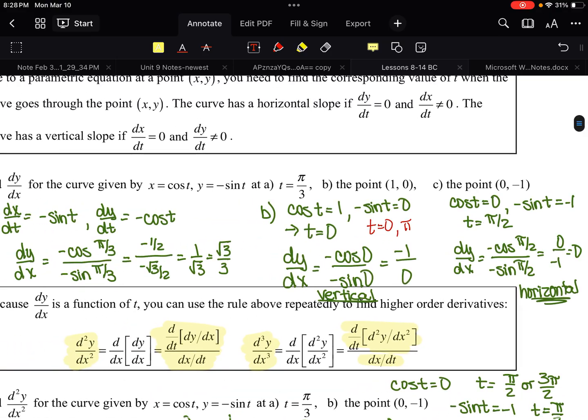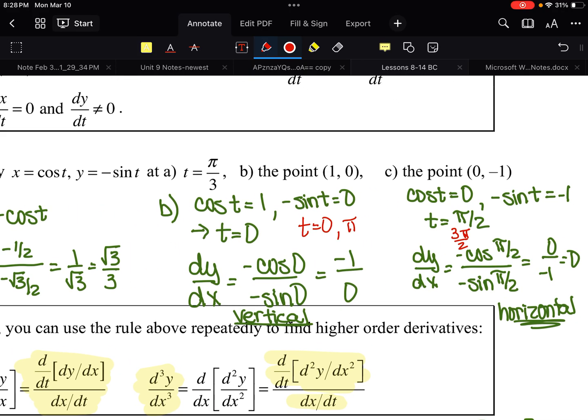On this one, they gave us a point again. When is cosine of t equal to 0? We have an x-coordinate of 0 at pi over 2 or at 3 pi over 2. And when is negative sine of t equal to negative 1?